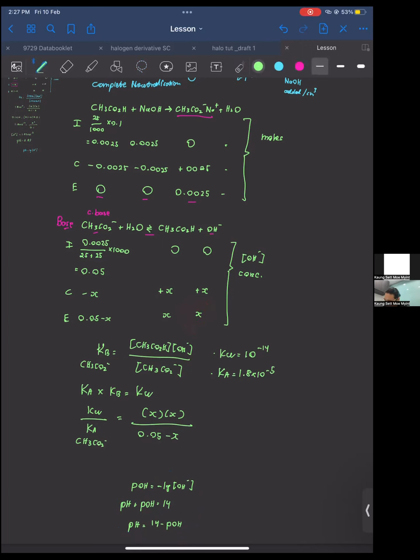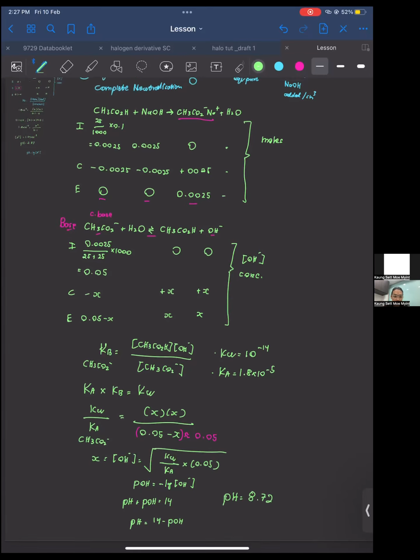Okay, solve for x. x is our OH minus concentration. Ka multiplied by 0.05. Over here, this is just 0.05, okay? And you solve the rest, okay? And you will get the final answer, which is 8.72.